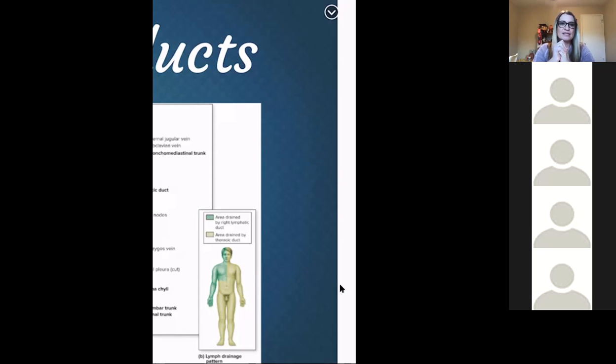There's one structure that we see at the base of the thoracic duct, and this structure is known as the cisterna chyli. It's not chili, it's chyli. Cisterna means like a cistern or a container. So this is an area that receives lipid-rich lymph from your digestive system. When we look at the digestive system, we will see that the way that our body absorbs lipids is by means of the lymphatic system.